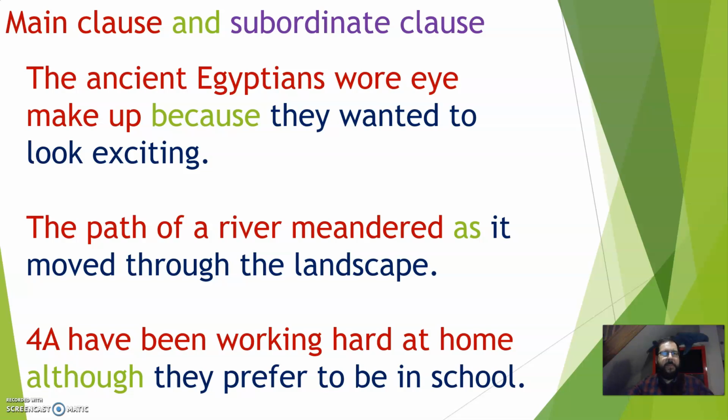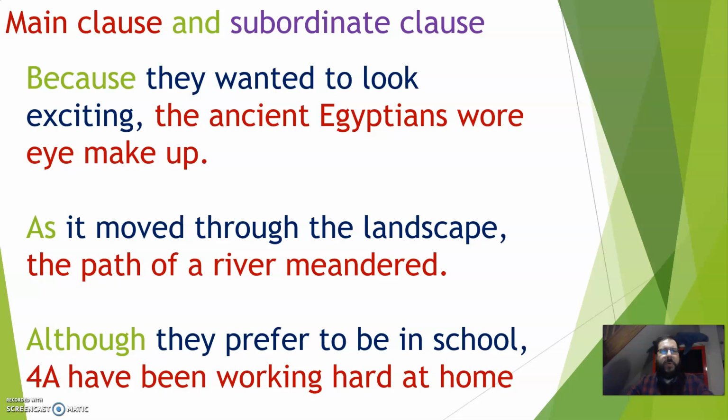Now, to make things a bit more interesting, we can chop and change them around. So rather than having the main clause, then the subordinating conjunction, and then the subordinate clause, we can change it around. So we start with a subordinating conjunction, then the subordinate clause, and then the main clause. So that first sentence has now become, because they wanted to look exciting, the ancient Egyptians wore eye makeup. As you can see there, after the subordinate clause, we have a comma now. So we have to go subordinating conjunction, subordinate clause, comma, main clause.